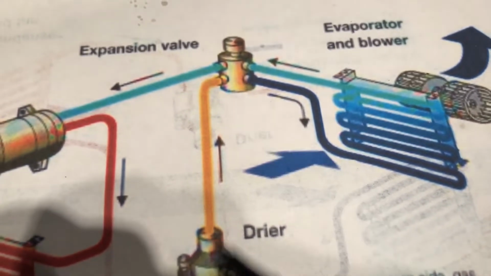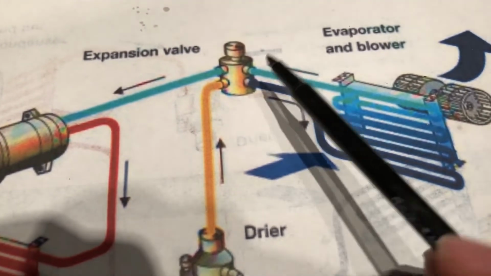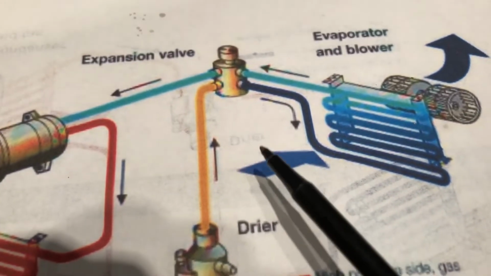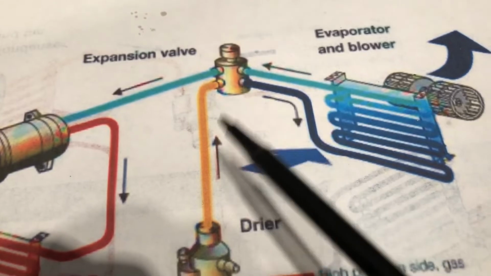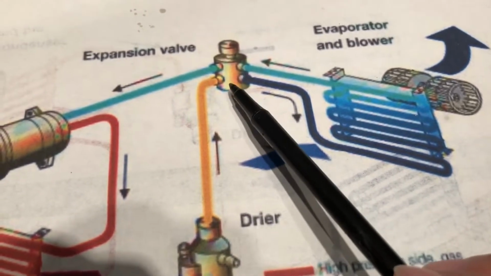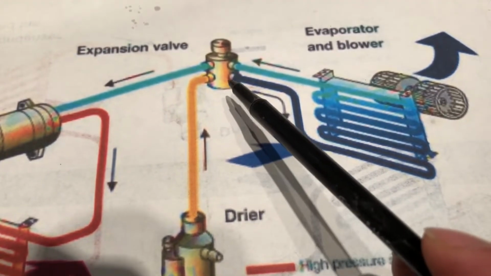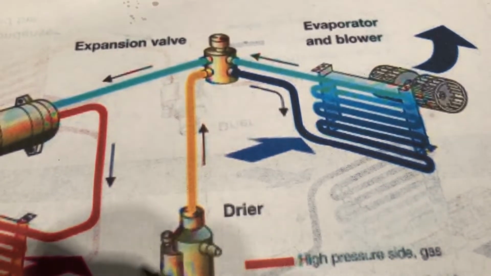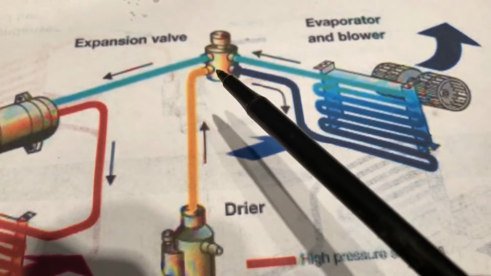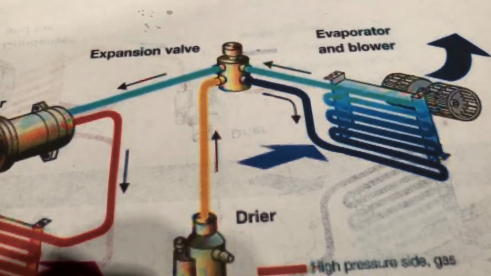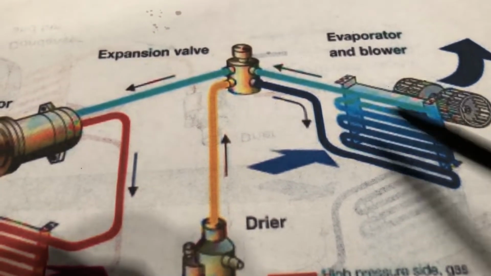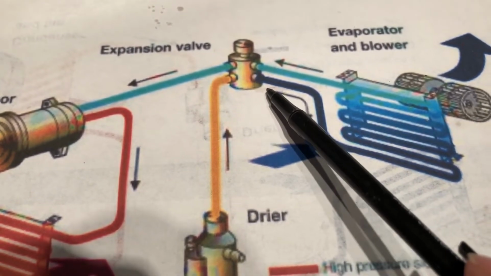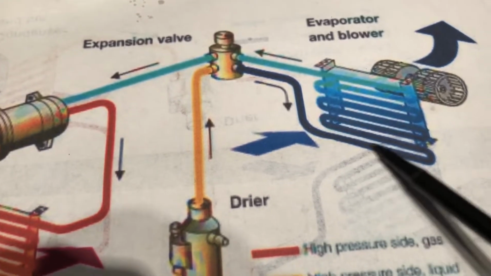Now we'll talk about the old style expansion valves and the new style. So what does this thing do? This liquid will go through a little tiny hole, and it's coming in under a flow. It keeps flowing, but right there, when it goes through that little hole, it will turn into a sort of gas.